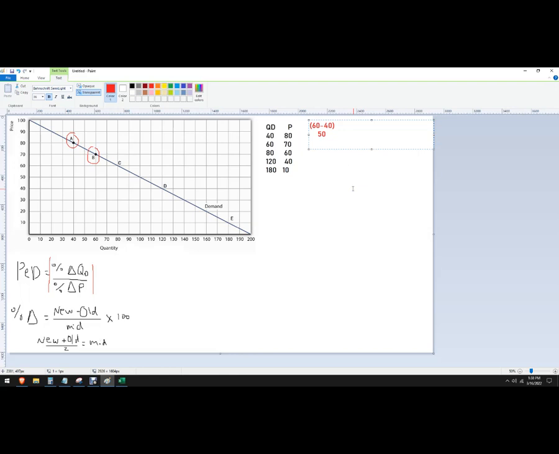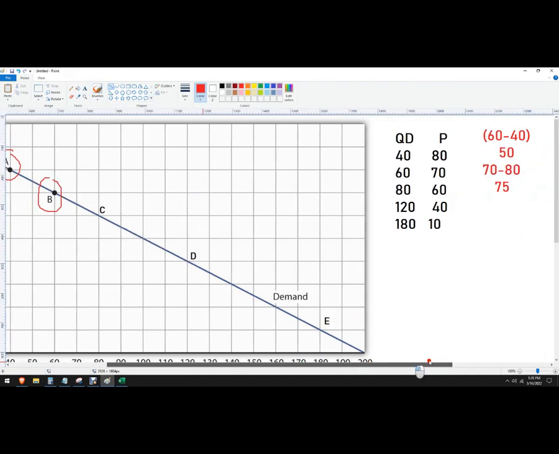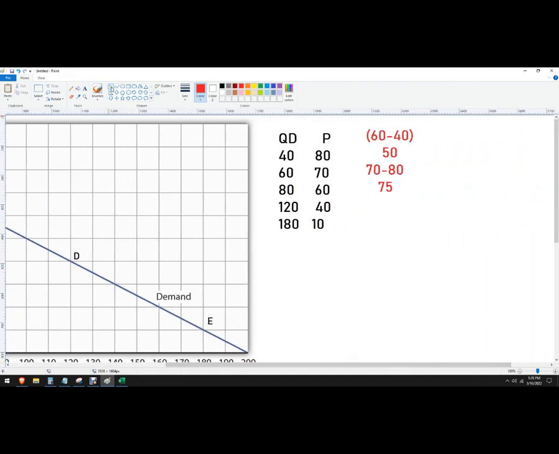Okay, and then we're going to divide all of that by the change in price, which is going to be 70 minus 80, and then divided by halfway in between there is 75. So let me put some of that, and that. And both of these are multiplied by 100.